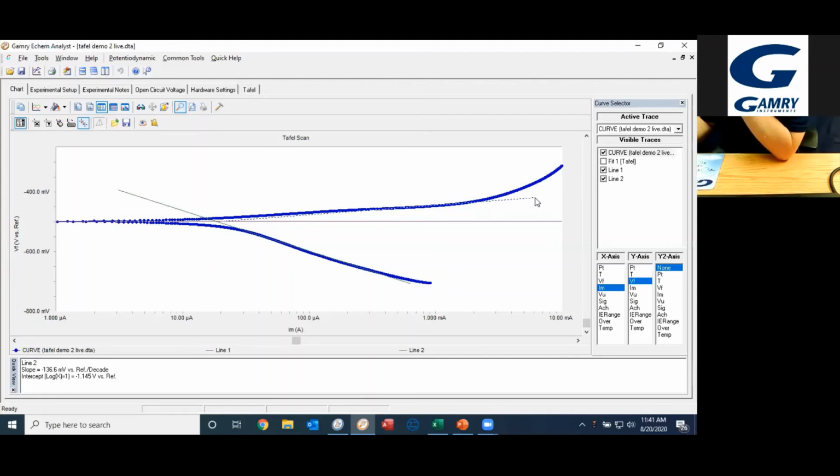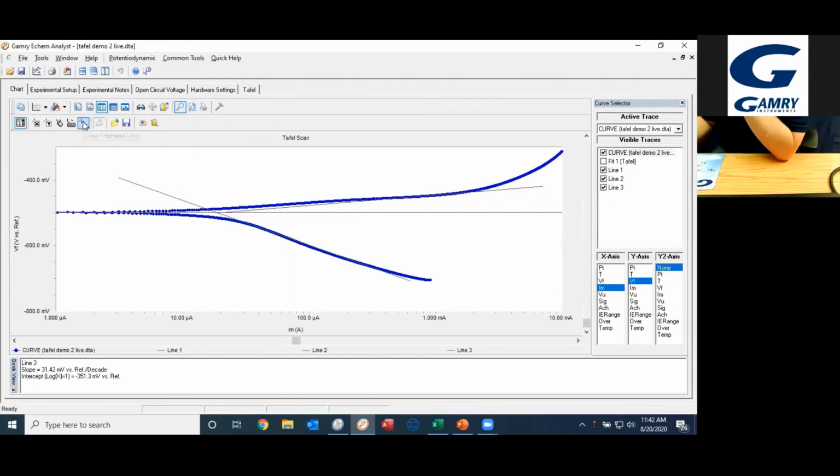If I come down here a little bit more, then I'm getting tangential with the data and not crossing over any of it. So this is where you have to use experience and run lots of tests to try to converge on a value. I'm going to run it up right here and say that's our value. And then I'm going to draw one more line that's going to add up to what I see for my I-corr value. It should be pretty close.